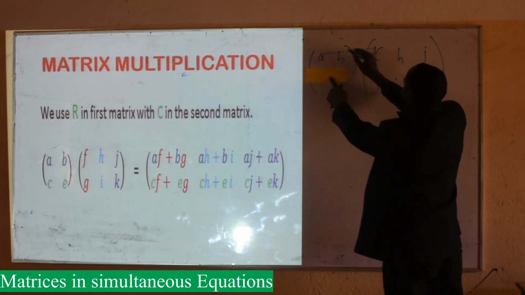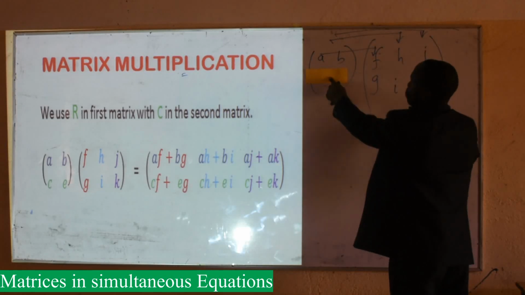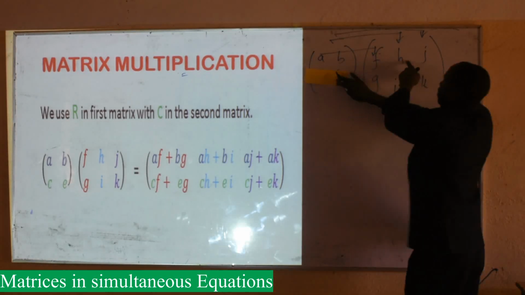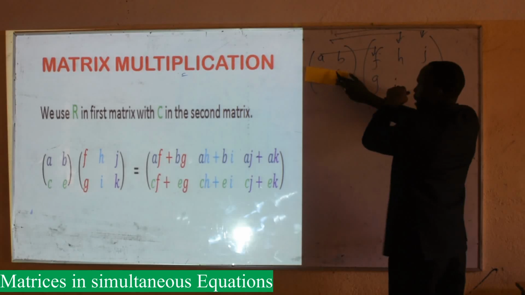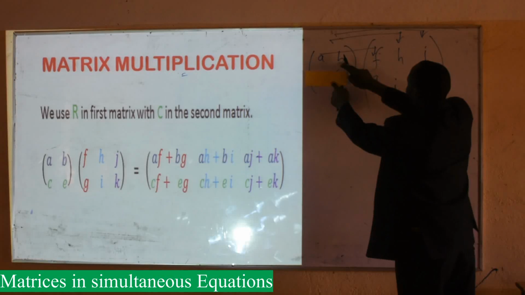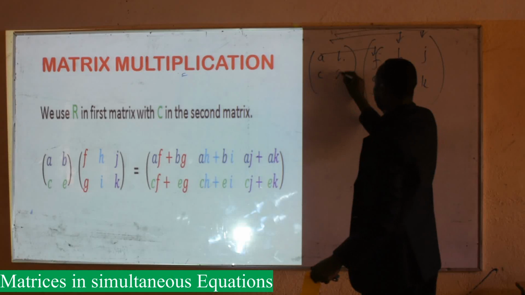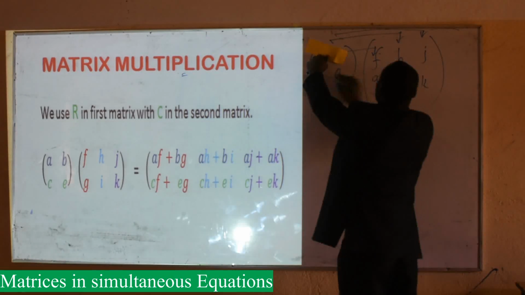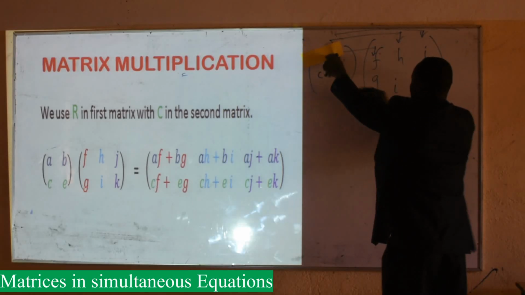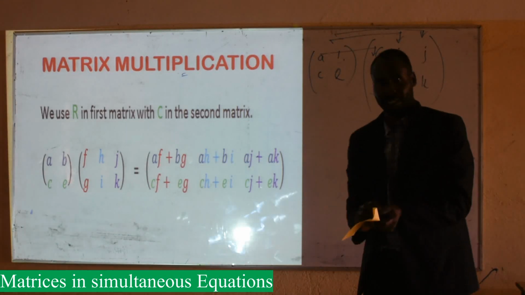You do like that here, and like that here. When you are through, you could have written all the elements above. What I mean is A multiplied by H plus B multiplied by I, A multiplied by J plus B multiplied by K. When you are through, you place this one up, cover this one, and multiply this way, going down, and you get your matrix there, as easy as that.